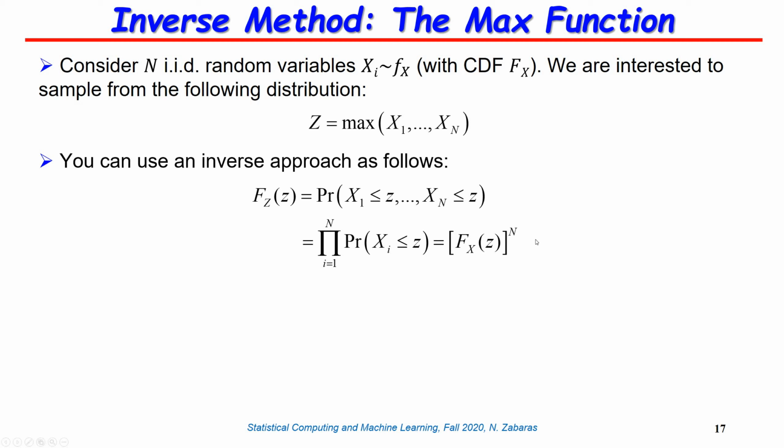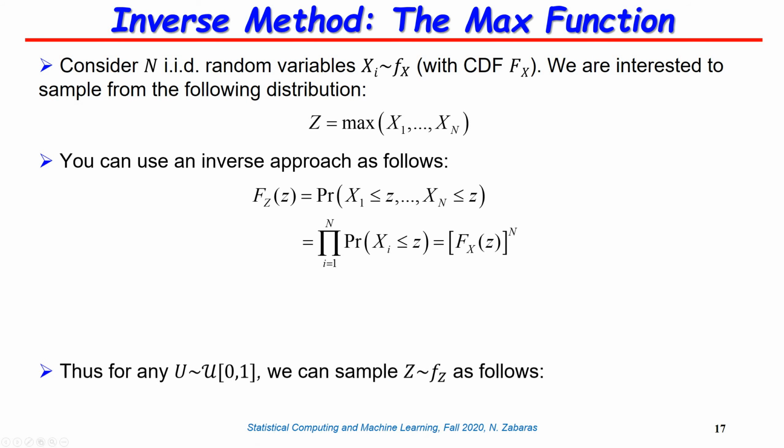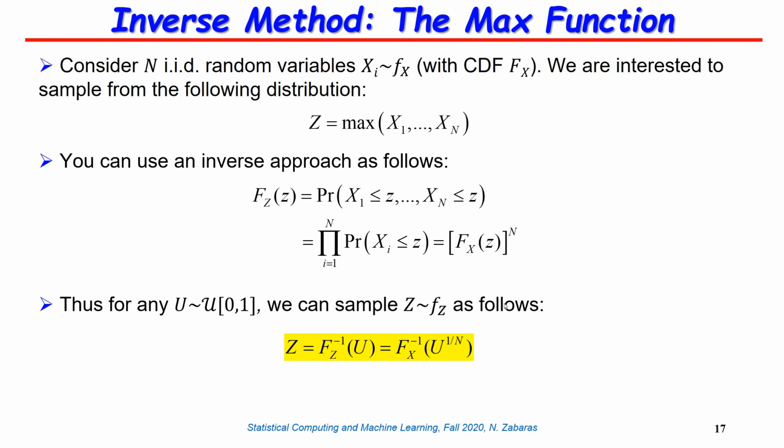So what you need to do is set this equal to u, where u is a sample from 0 to 1, and then invert that to compute z. And this is what I have in this equation. So if you take u to be a sample from the uniform distribution, then you have u to 1 over n, and then you have to invert the cumulative distribution of the x variables, and that will give you a sample of z.